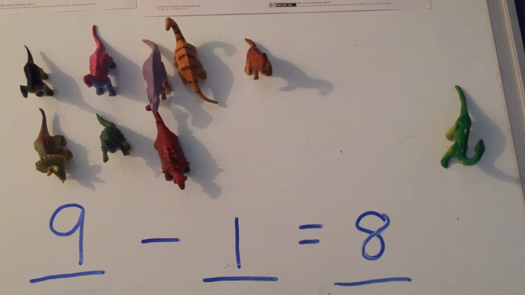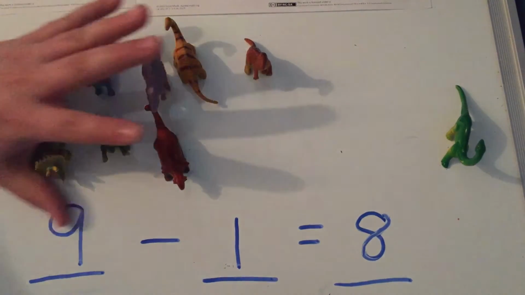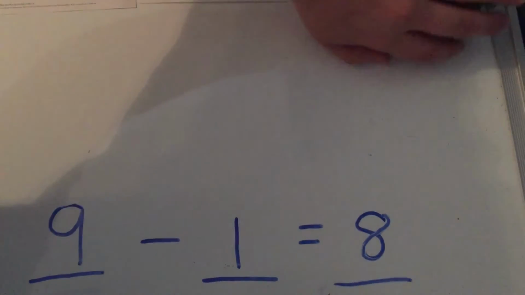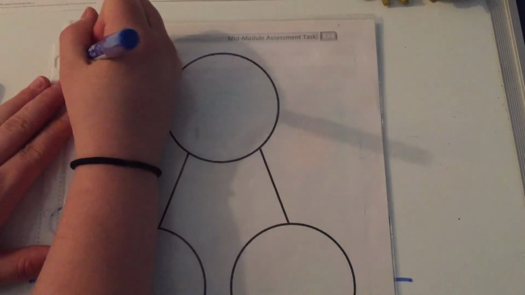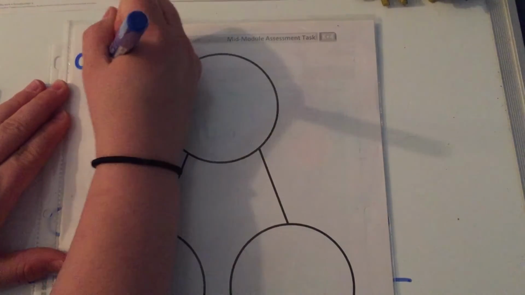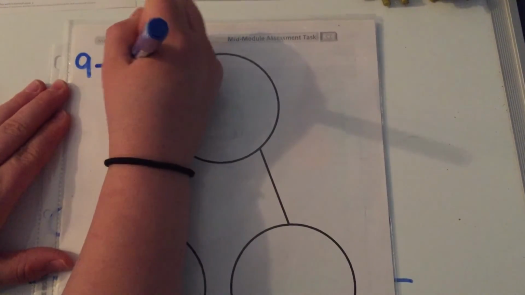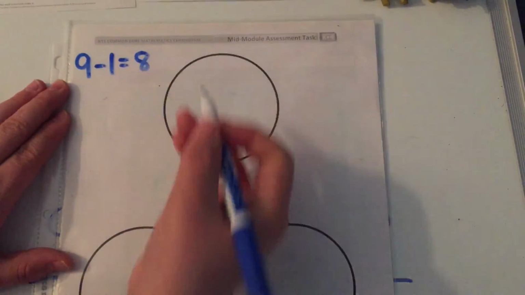Now that we've shown our story with dinosaurs, we've shown hiding the part by breaking away, taking it off, and writing our number sentence, let's bring in our number bond. All right, dinosaurs, you are going to go all into the forest while we do our number bond. Okay, so I'm going to write my number sentence to help me remember what we're doing. 9 minus 1 equals 8.